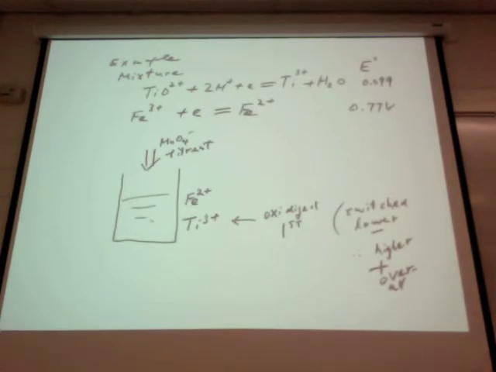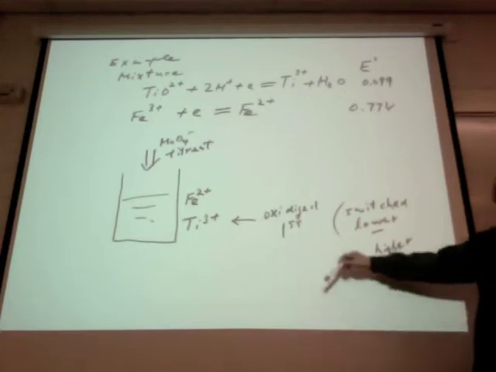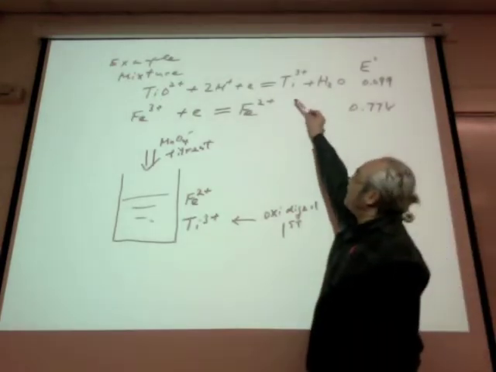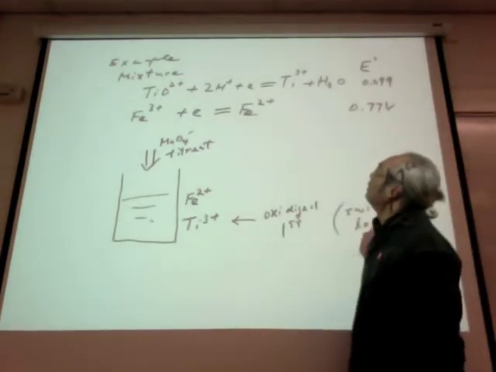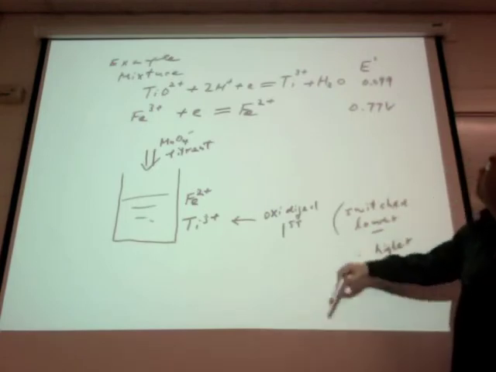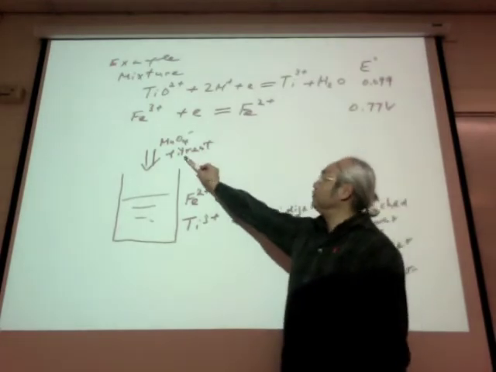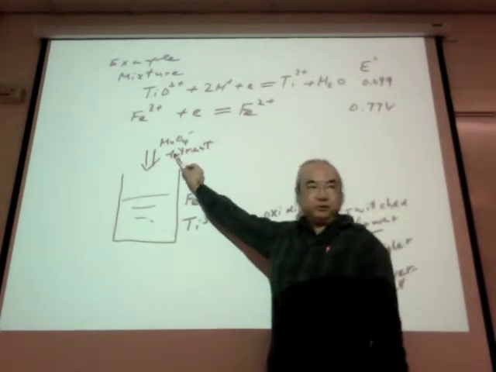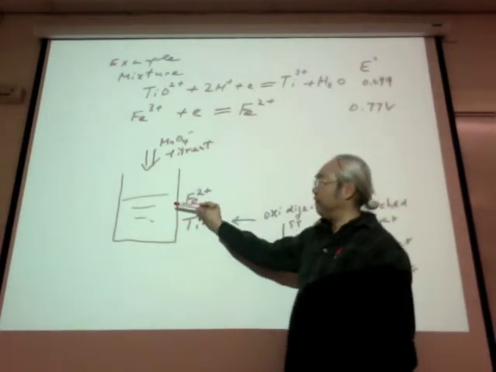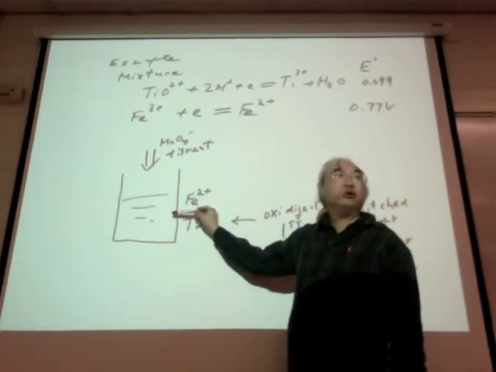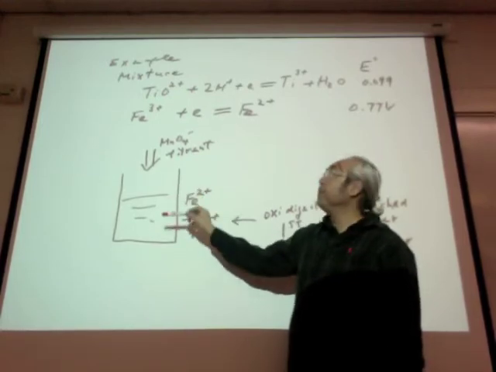Okay, so let's switch to an example. So you're looking at these two half reactions. Okay, so this is a redox reaction. So if you pick a strong oxidizing agent, you're going to titrate against your analyte in a reduced form, right?